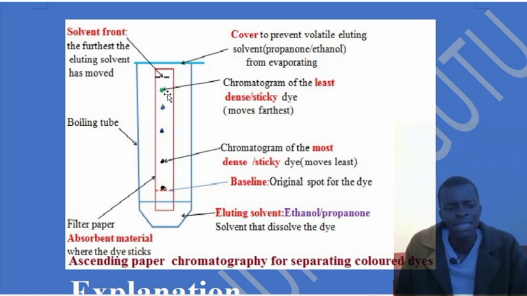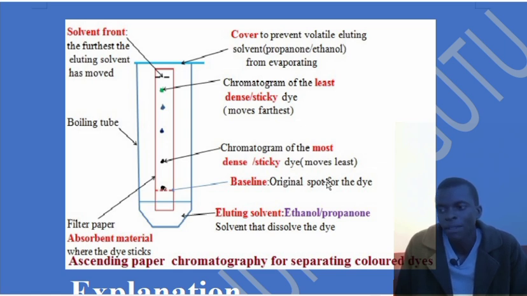Now comparing the distance moved by pure dye with a mixture, the colored dye in a mixture can be reduced as. Now from this, we are saying that when a drop of ink is placed on an absorbent material, it sticks. On adding the eluting solvent, it dissolves the dye and spreads out with it.